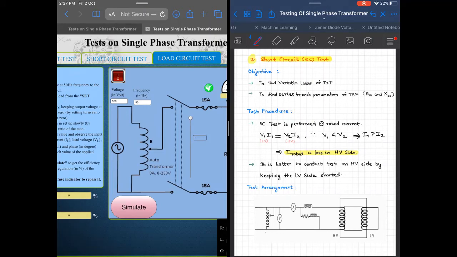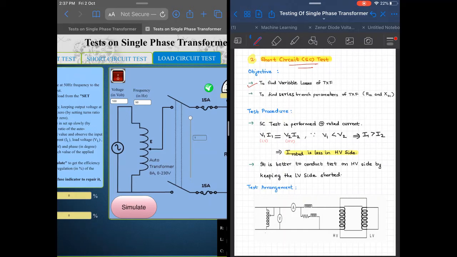Now I will take the short circuit test. So what are my objectives left? First is to find the variable losses of a transformer. In the case of the open circuit test, we were determining constant losses.